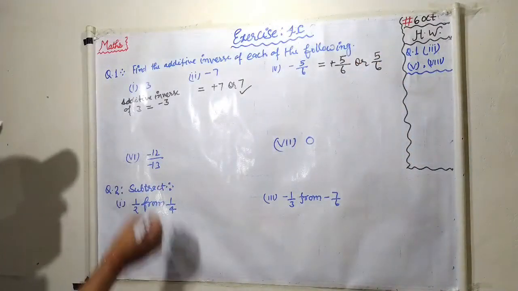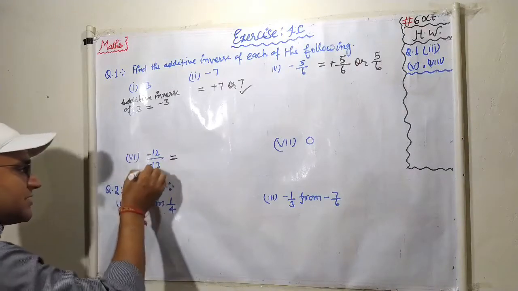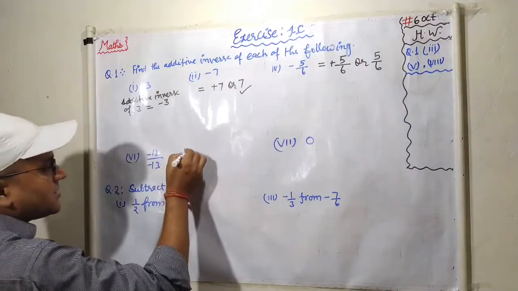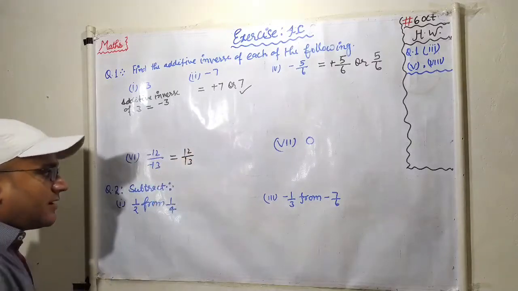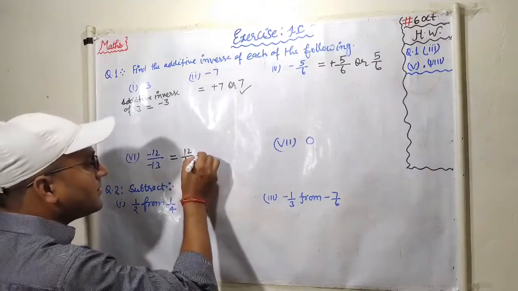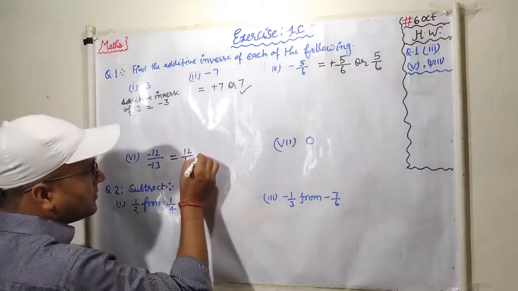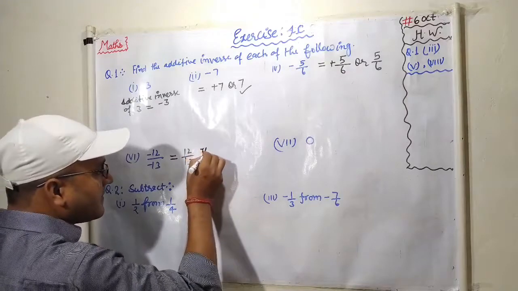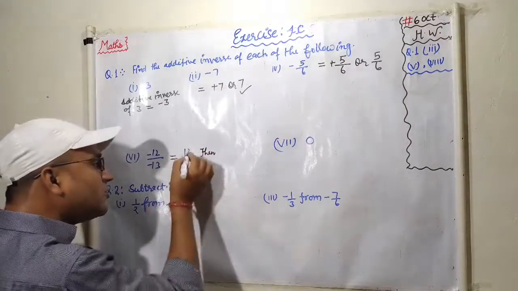Okay, what is the additive inverse of this one? First you change this one, both are a minus. First you change it in this form, 12 upon 13, and then find the additive inverse of this one.